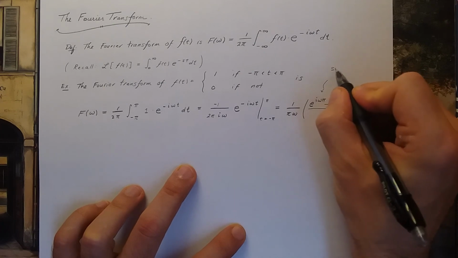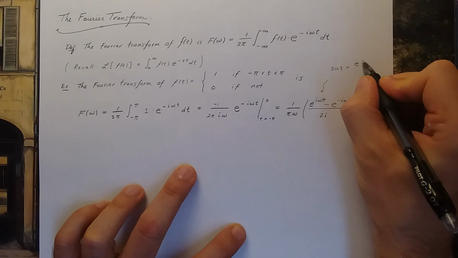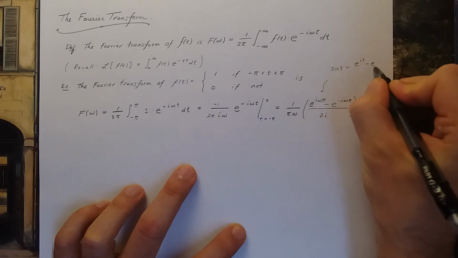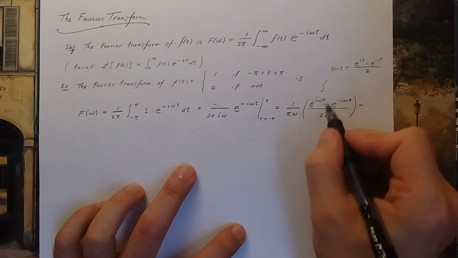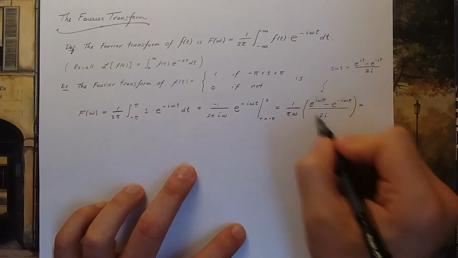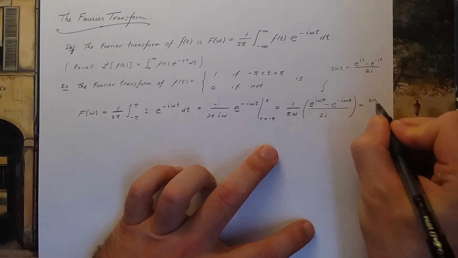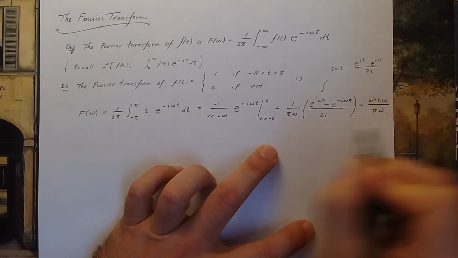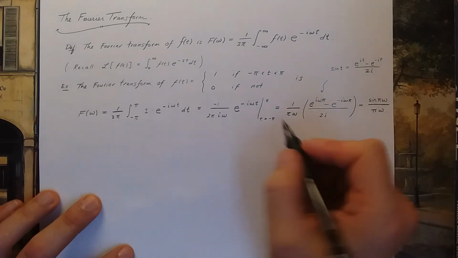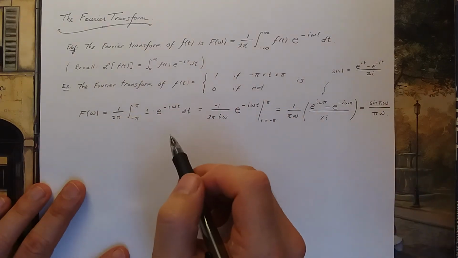I remember, for example, that sine of t can be expressed as e to the it minus e to the negative it over 2i. So I recognize that's the form of the sine function. And so I think the final answer would be sine pi omega divided by pi omega. So there's an example of a calculation of finding a Fourier transform.